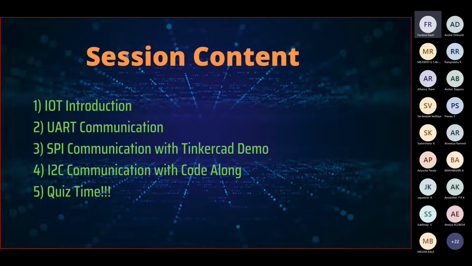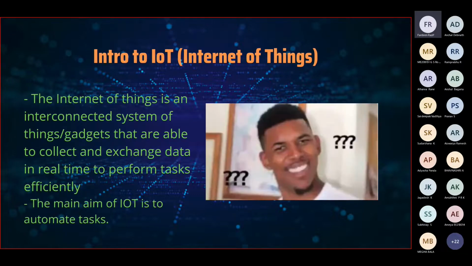So, moving on to IoT. What is IoT? The full form is Internet of Things. What IoT basically means is there is a system of things or gadgets that are able to collect and exchange data. For example, you have voice assistants like Google Assistant or Alexa.